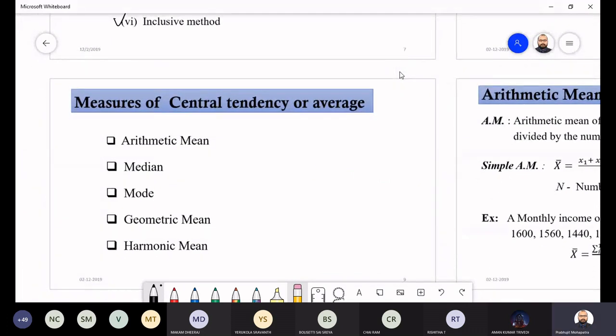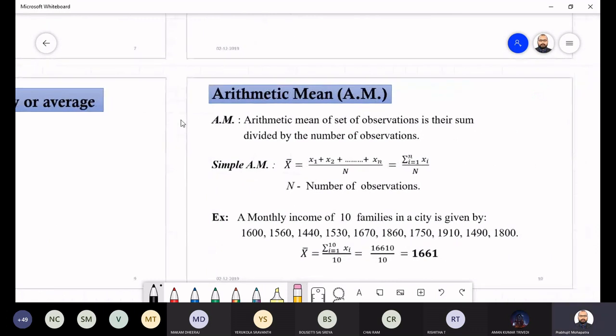So measure of central tendency, like I mentioned, you are having mean, median, mode, geometric mean, and harmonic mean. In general, the arithmetic mean only we used to use. What is the definition?